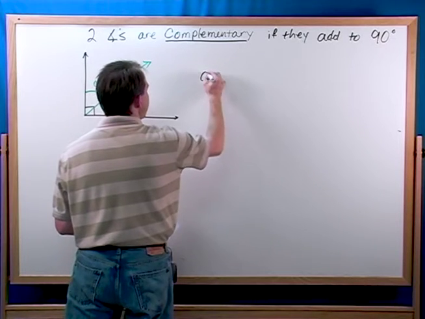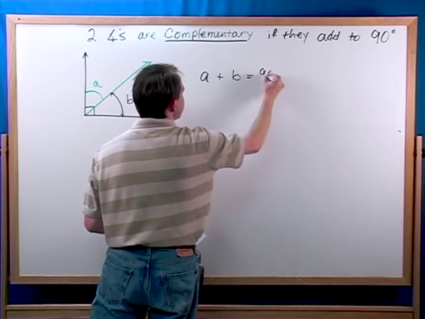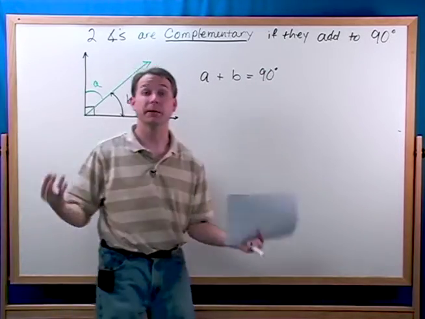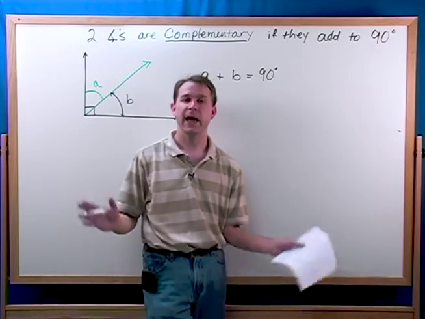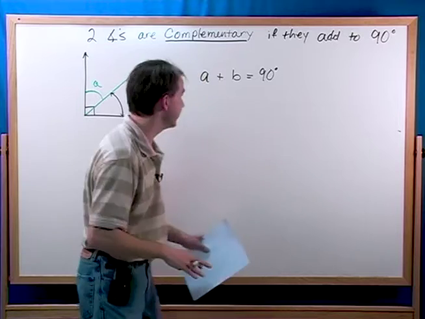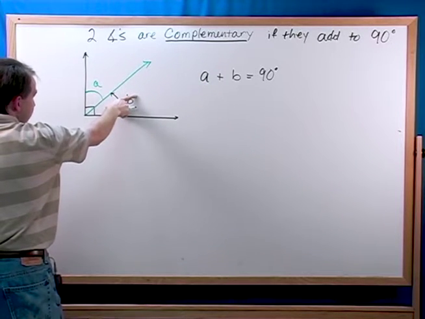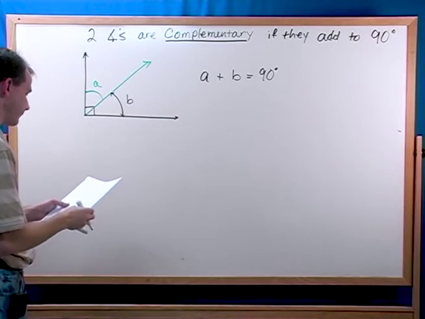If A plus B is equal to 90 degrees, then we say that A and B are complementary. Or we also say that they are complements of each other, okay? A and B are complementary if they add to 90 degrees. So whatever this number is, plus whatever this number is in degrees, if they add up to exactly 90, we say they are complementary, okay?